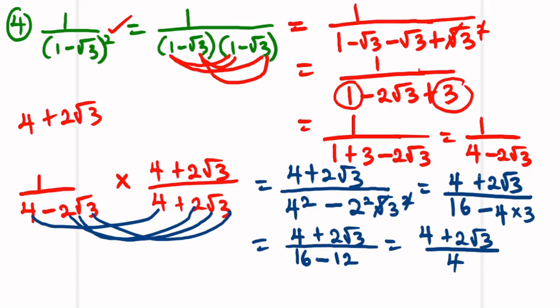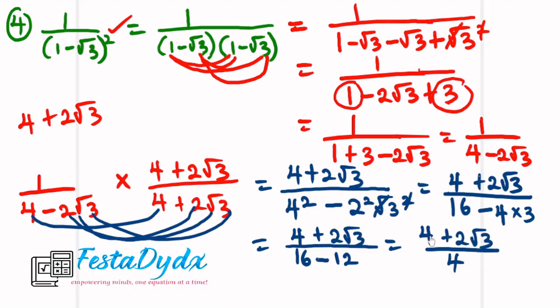Now, one thing we observe here is that we have 4 plus 2 root 3 all over 4. We have something in common in the numerator. There is 4 here, there is 4 here. There is 2 here, and there is also 2 in 4. So we can decide to split this into separate fractions that have the same denominator. So we are going to have 4 over 4 plus 2 root 3 over 4.